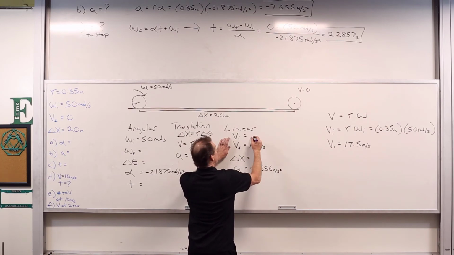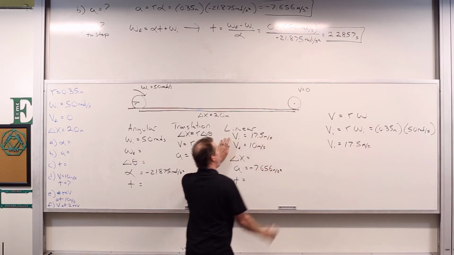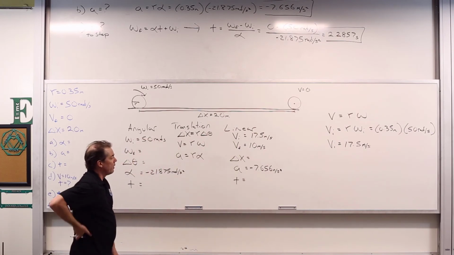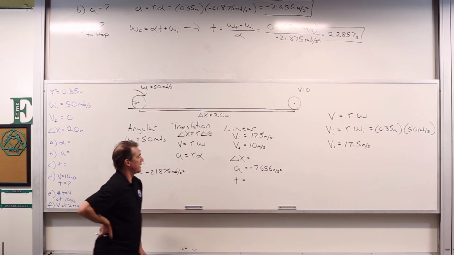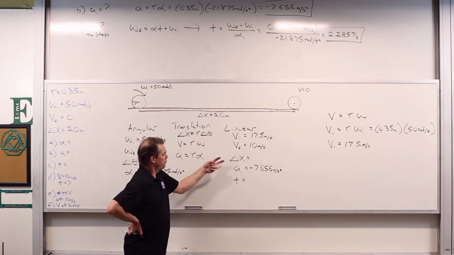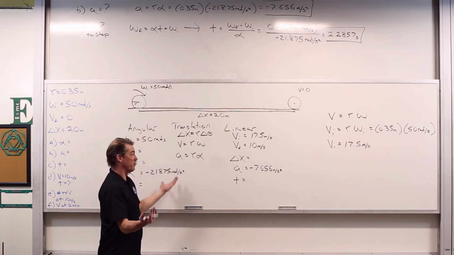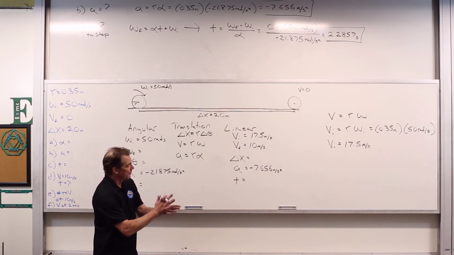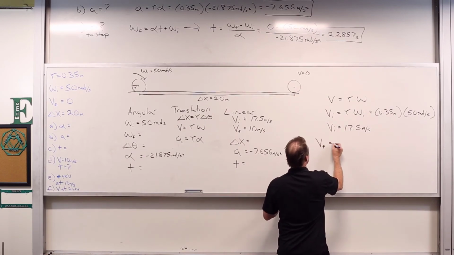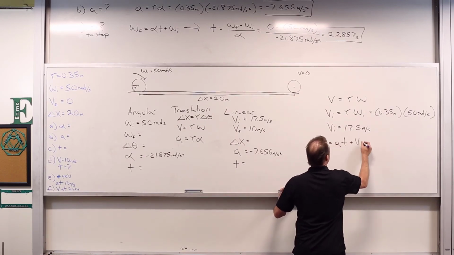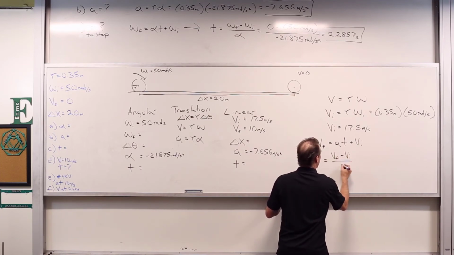So this object was initially moving forward at a rate of 17.5 meters per second, and we want to know how long it takes to drop down to 10 meters per second. We know three things: the velocities and the acceleration, and we want to know the time. That's going to be really easy for us to get at this point, right? Correcto. So we've got that v final is equal to at plus v initial, where t is equal to v final minus v initial divided by a.